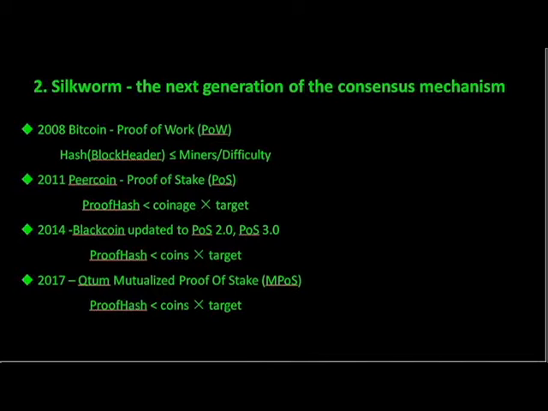So let's understand Silkworm. It is not that complicated really, but what I did include in my original Chinese presentation is a very brief abridged history of the evolution of consensus mechanisms from 2008 in the case of Bitcoin all the way to the quantum mutual proof of stake consensus mechanism in 2017, and also the basic formulas on how these work.